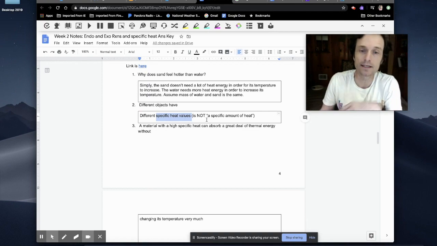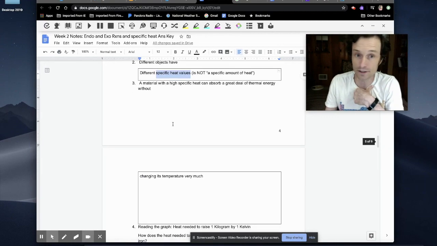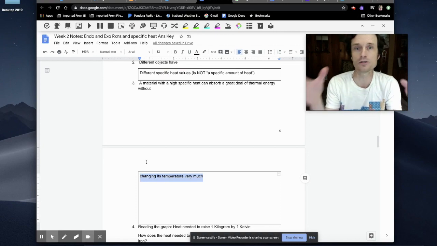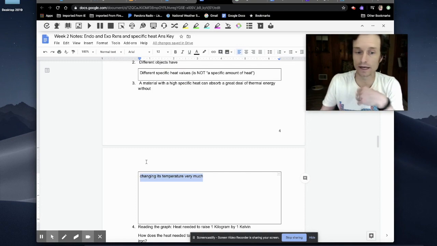I understand, but just to be clear, specific heat is a property of matter, just like density, color, luster, hardness. A material with a high specific heat can absorb a great deal of thermal energy without changing its temperature very much. This is important. When you have a high specific heat, it means you need a lot of energy to raise the temperature just 1 degree. Water is a great example of this.